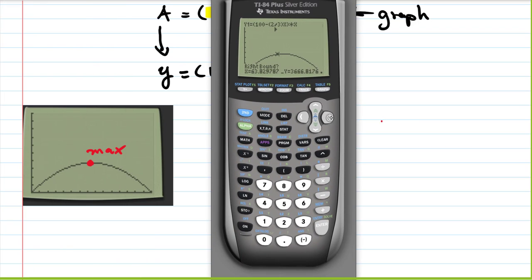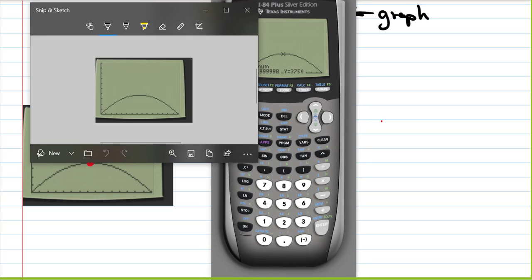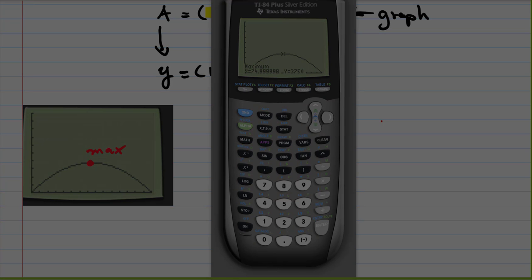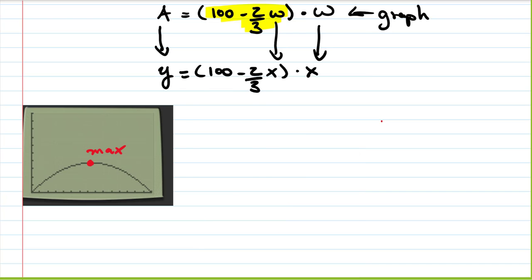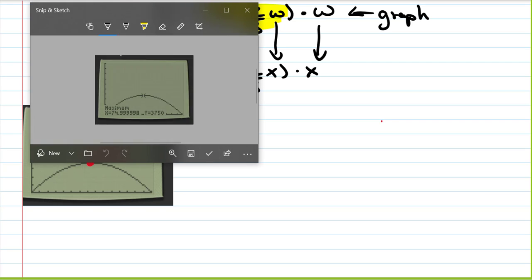And then move my cursor again to where I'm to the right of my maximum. Okay, it's starting to go down. I hit enter. And then it says guess. You just move back closer to the maximum and you press enter, and it's going to give us this as a value.